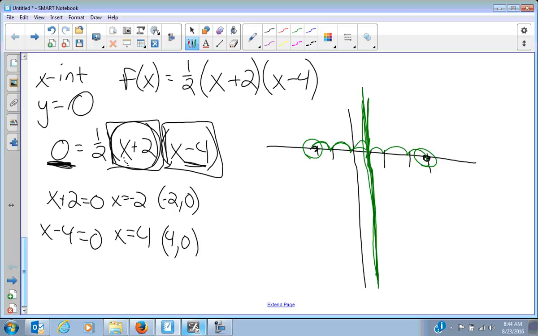Let's try the formula they gave us. R1 plus R2 divided by 2. What is R1? Nope. Negative 2. Remember, there's supposed to be a subtraction sign there. Plus 4 divided by 2.